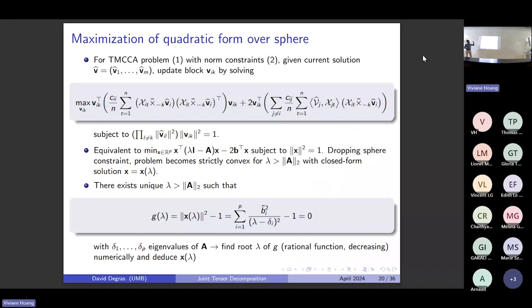And what I'm doing is that I'm rewriting the objective function that we had in this quadratic form. So we're starting, if you recall, with the scalar product between the xit and the tensor vi.